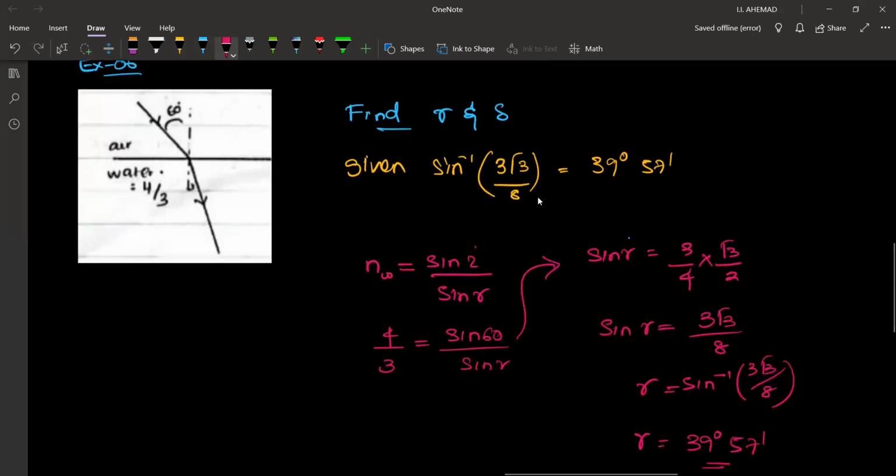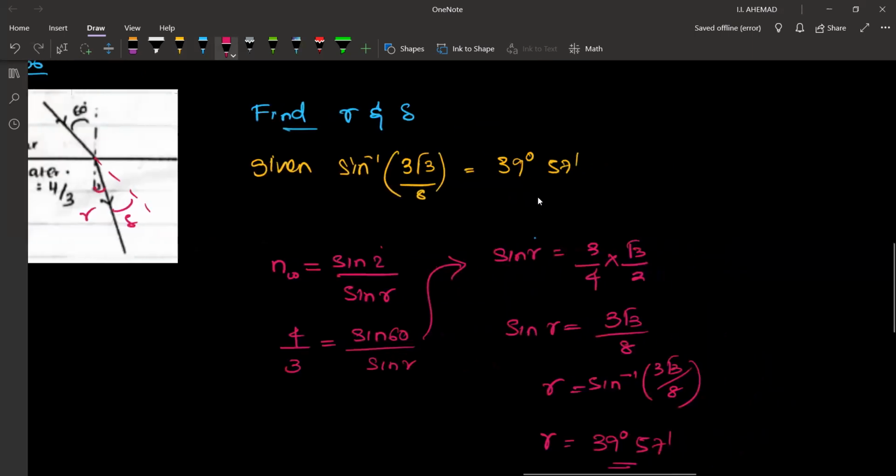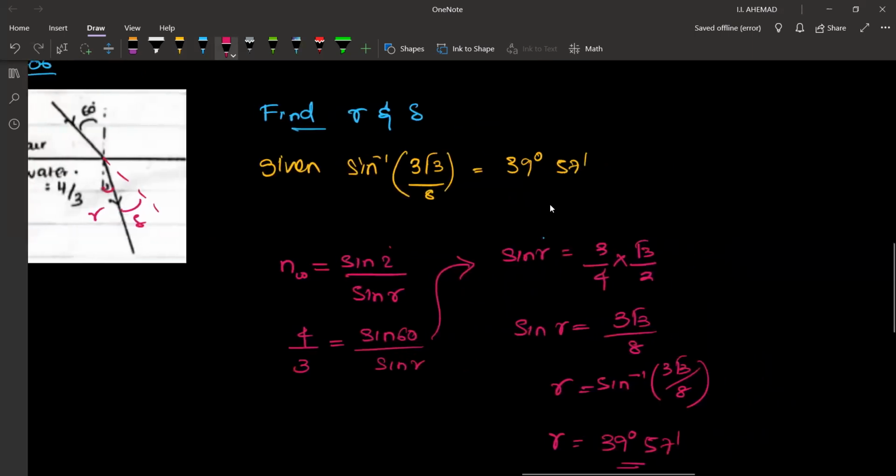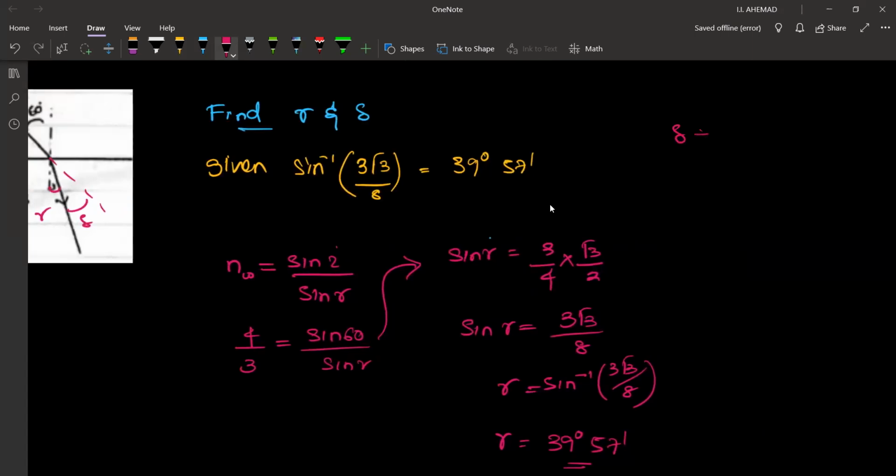So again, how to find the deviation? This is r and this is delta, and then you can write delta plus r is equal i. So delta is equal i minus r.